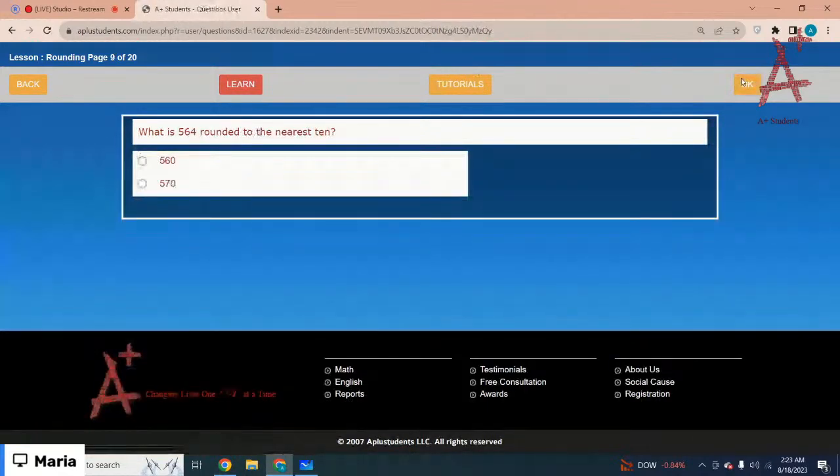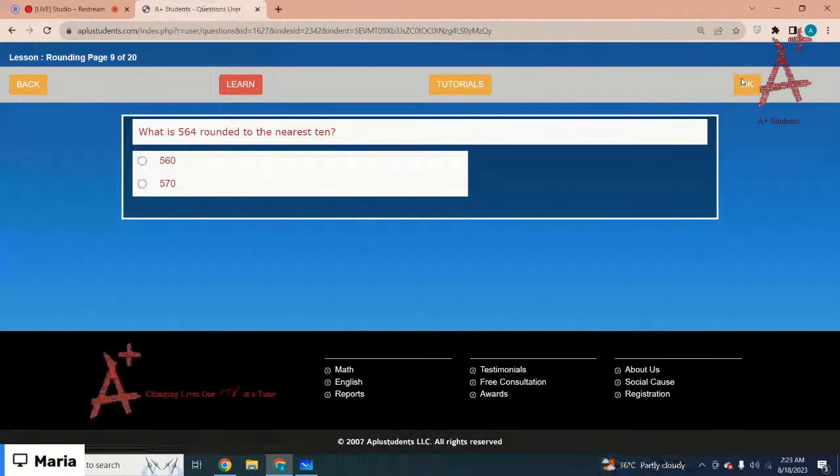What is 564 rounded to the nearest 10, which is the correct option? 564 to the nearest 10.